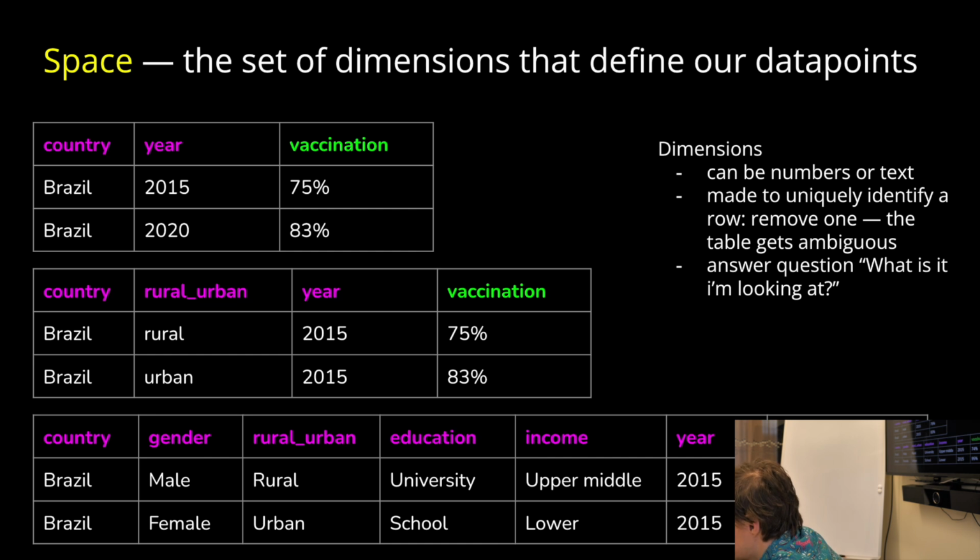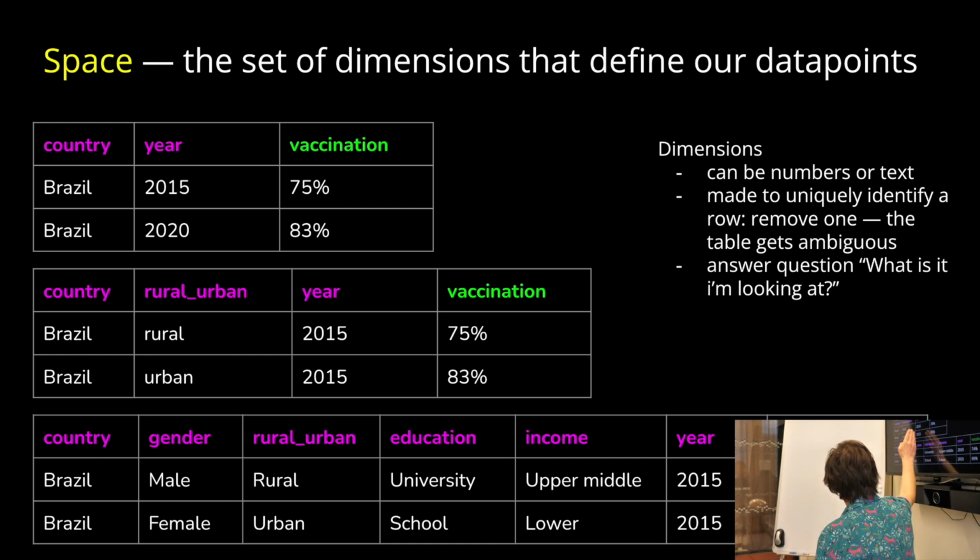Another meme is something that we call dimensions and measures in the data. Dimensions are the things that define your characters, like they describe what you're talking about. And measures define what new thing you learn about your data. So here the dimensions would be country, year, country, rural, urban, year. All the pink ones would be dimensions.